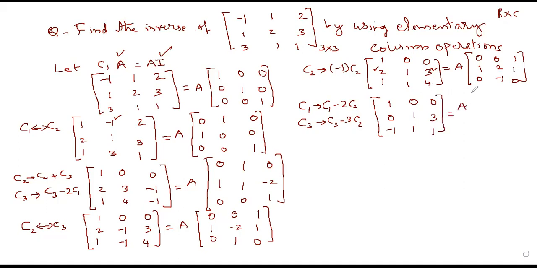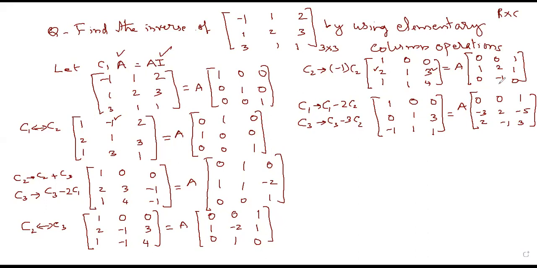Same operations will be applied on the right hand side. So C1 and C3 are changing, C2 is not changing, so 0, 2, minus 1 we can write as it is, and this will change. C1 is changing with 2 minus 2 plus 2, so 0 as it is, and this will become minus 3, and this will become 2, and this will become 1 minus 5 and 3, because you are multiplying 3 to the 6.